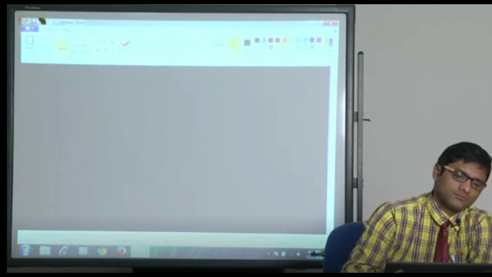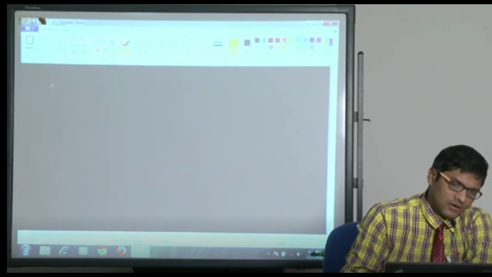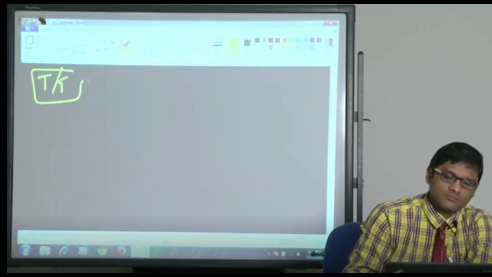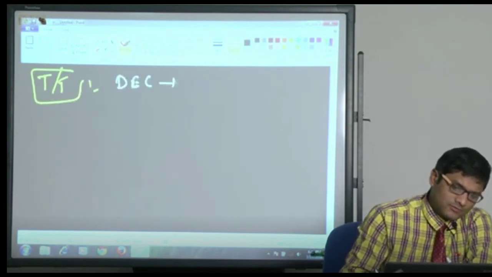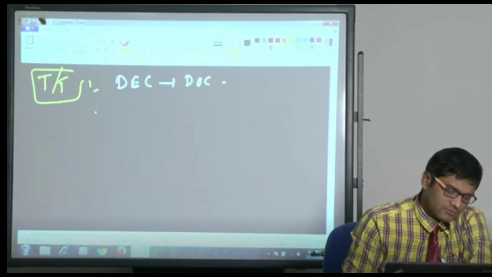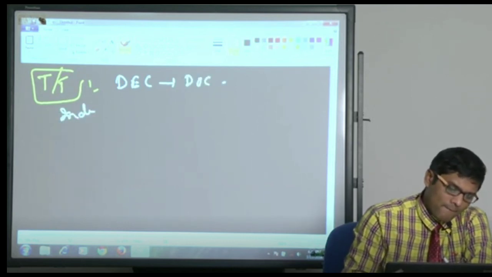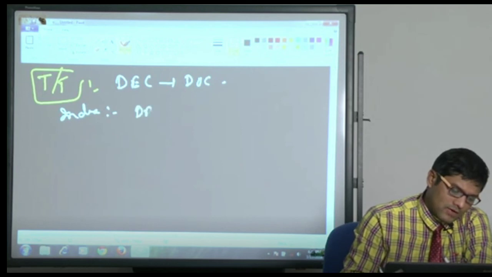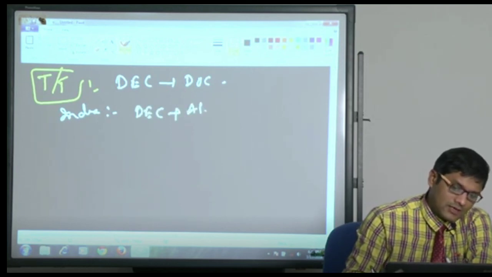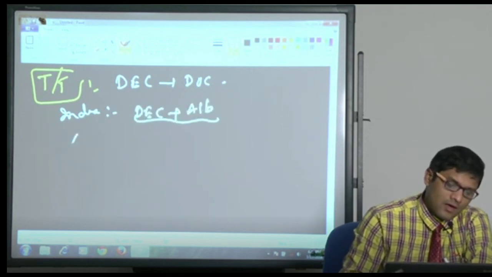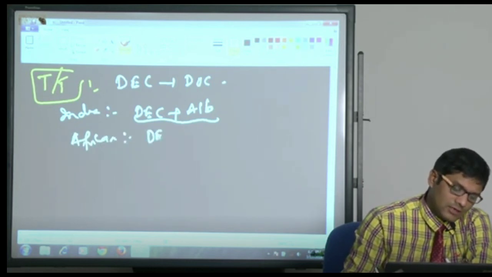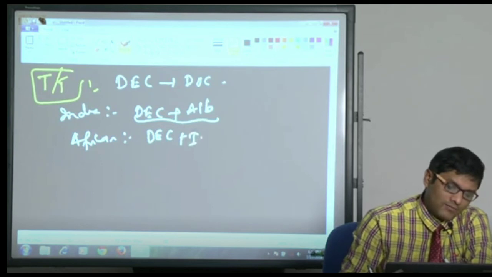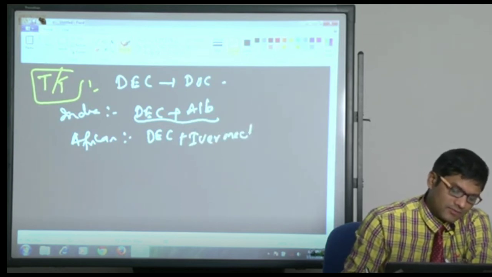Okay. Next is drug of choice. They say that DEC is the drug of choice, diethylcarbamazine. In India, DEC plus albendazole based regimens are given, whereas in African countries DEC plus ivermectin based regimens are given.